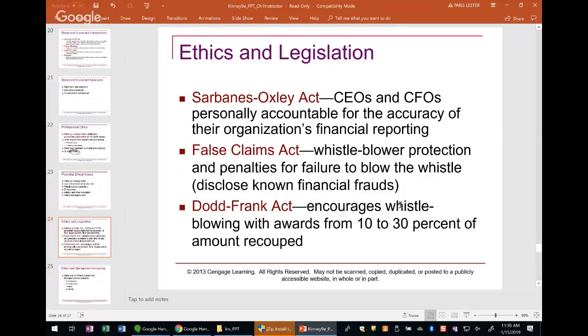The Sarbanes-Oxley Act, if I'm pronouncing it right, that came about because of Enron. False Claims Act, and the Dodd-Frank Act. Now look at this one.